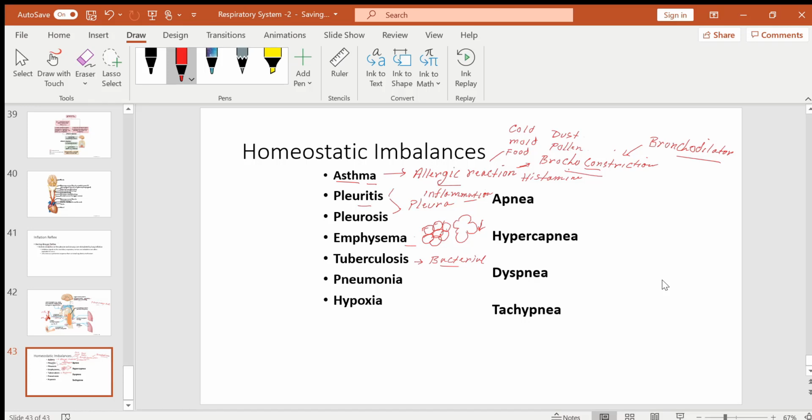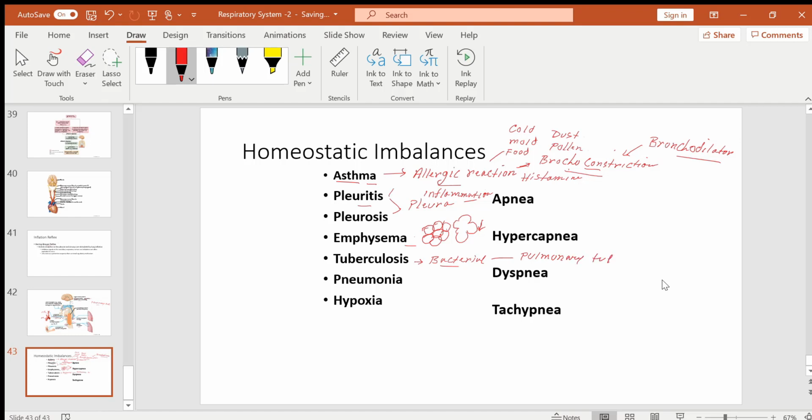tuberculosis can also occur in other tissues. For example, in the bone, we say osteotuberculosis. Okay, so that bacteria can also infect other tissues, but as I told you, this bacteria prefers the lung tissue. That's why it infects the lung most of the cases, and when it infects the lung, that is called pulmonary tuberculosis.